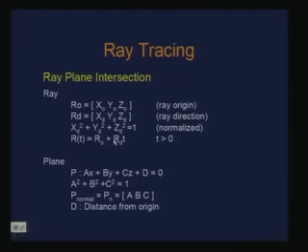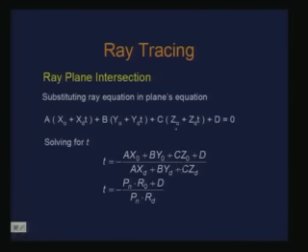Exactly the same way as I did in the case of the sphere, I can substitute the ray equation into this and solve for t. So, this is what is done here: you substitute the ray equation in the plane's equation and solve for t. When we look at the solution, we get in the numerator a x0 plus b y0 plus c z0 plus d, and in the denominator we have a xd plus b yd plus c zd.